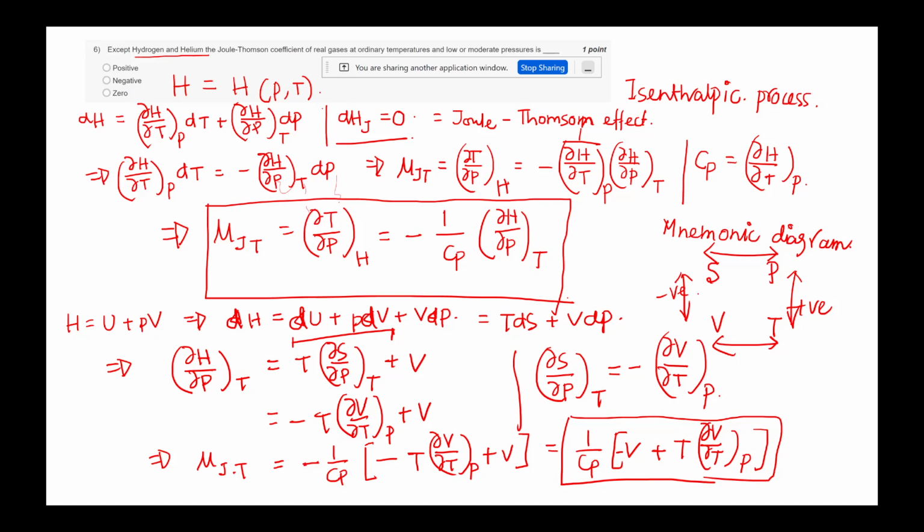I will share those slides, and this calculation is important to understand. Just see these calculations.